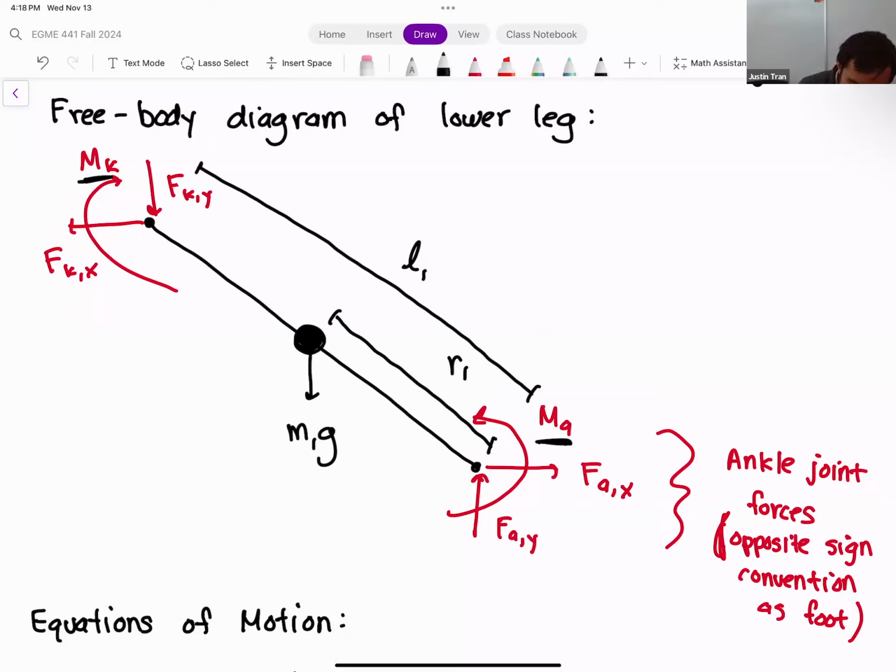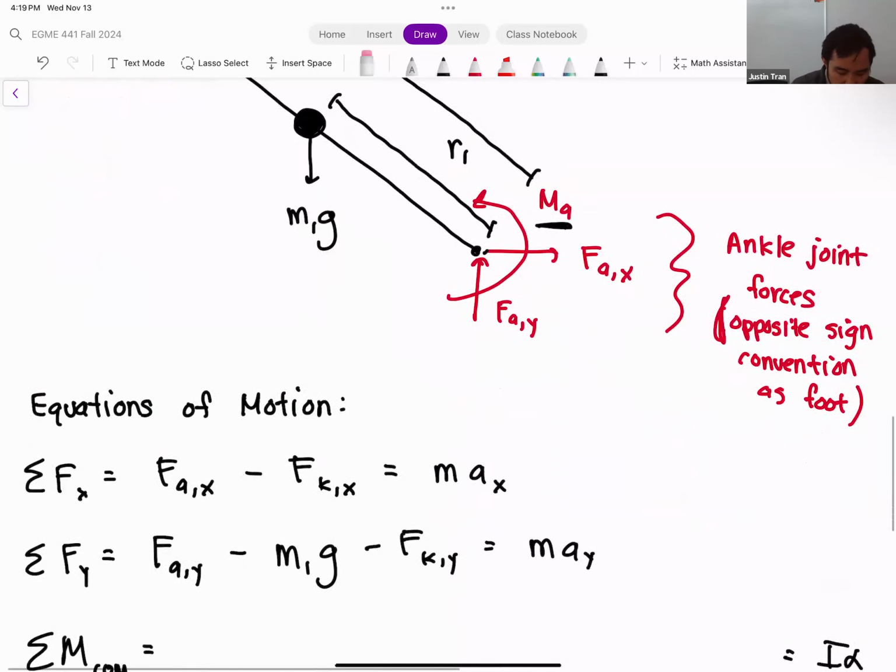So if you continue along with this vector like this, it's not going to pass through the center of mass. Same thing for FAX, okay? So FAX and FAY are going to contribute to the moment. Same thing for FKX, FKY as well. So neither of those pass through the center of mass, and so they all are going to have to contribute to the moment. Okay? So we have 6 contributions here.